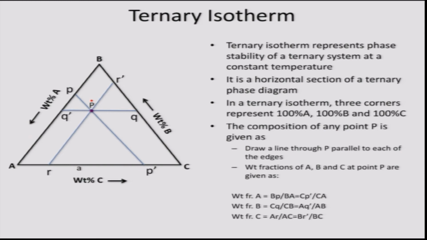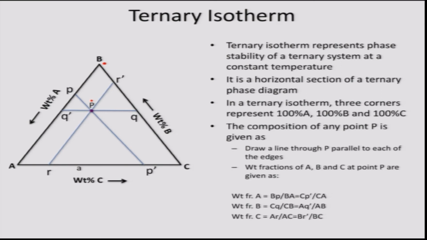In this case, I have shown the compositions in weight percent. The weight percent of component A in the alloy with composition P is found by taking the ratio of the length BP and the length BA, or equivalently finding the length CP prime and taking the ratio with the length CA.